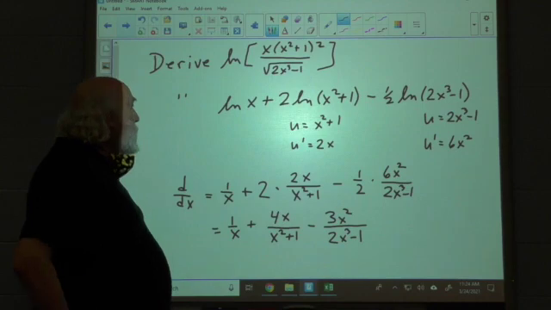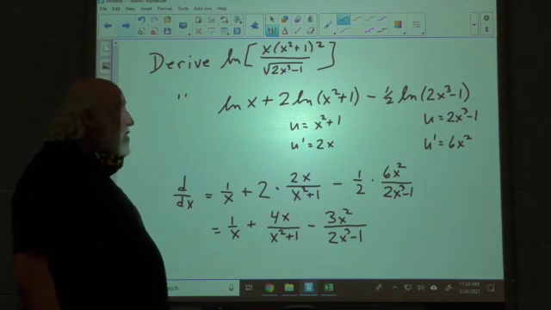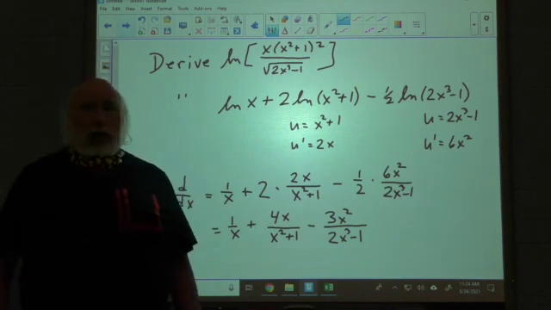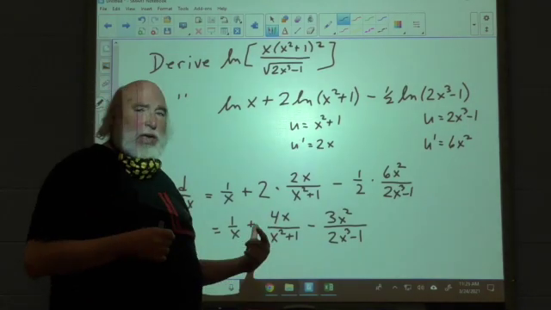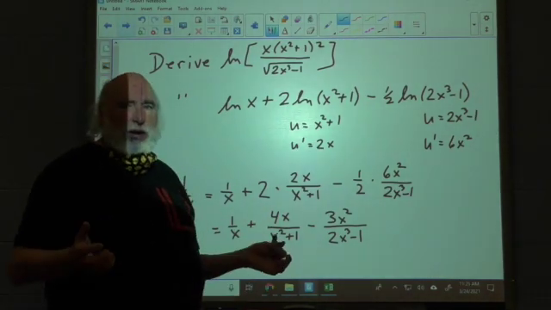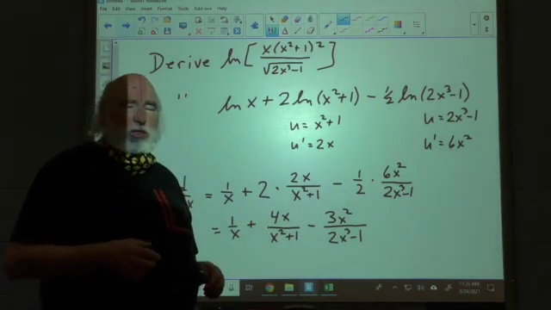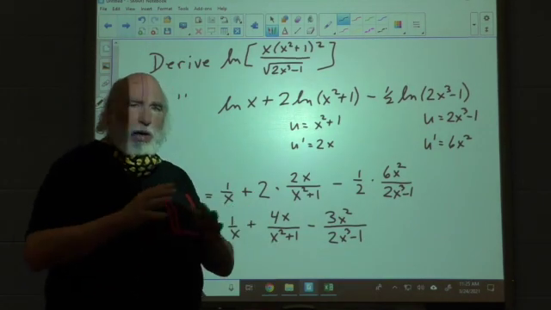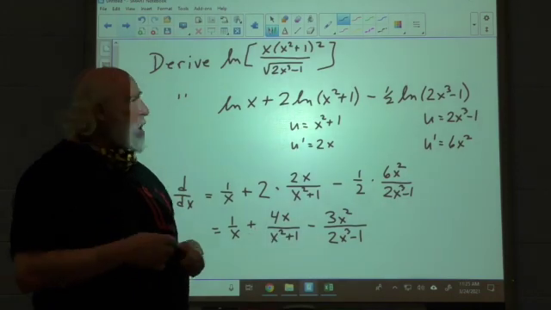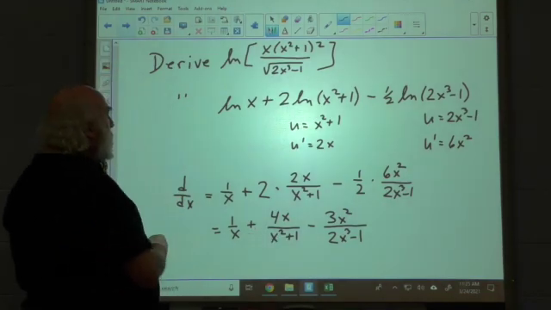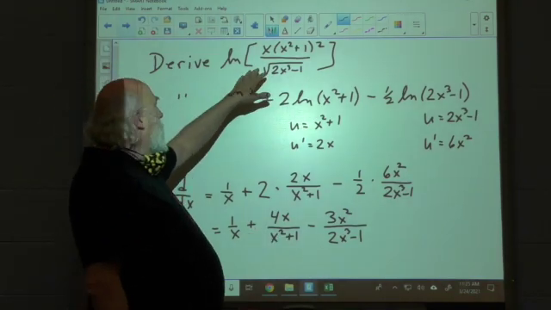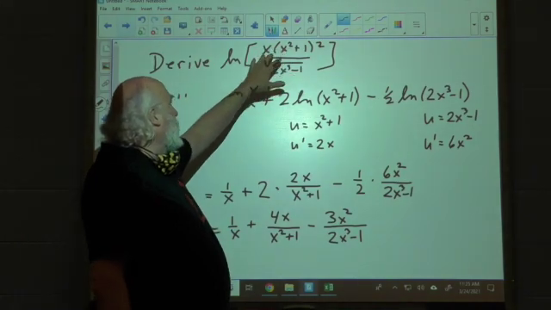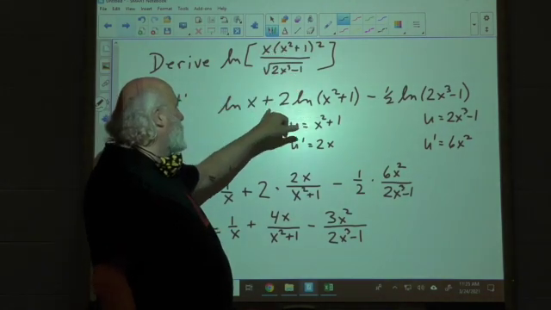All right, now this is where things start to get a little complicated, but this goes back to what we dealt with yesterday, and that is expanding these logarithm expressions out, and then taking the derivative of each piece since they're adding and subtracting. And that's what we did here. We have the natural log of x, and it's multiplying here, so this will be a plus.